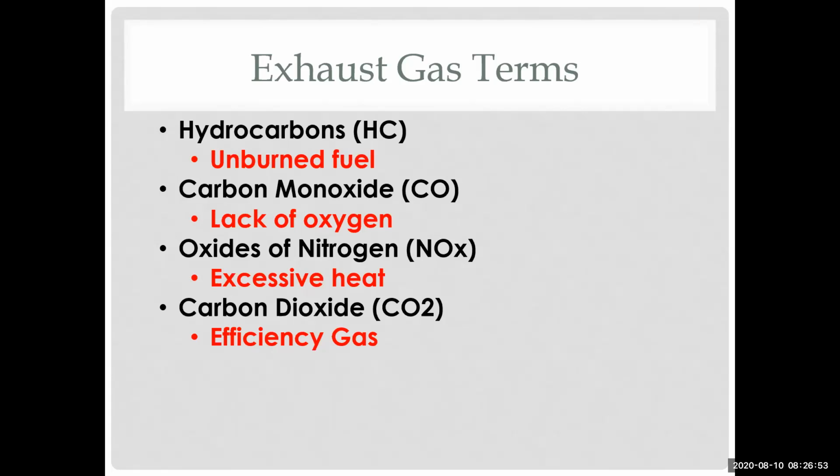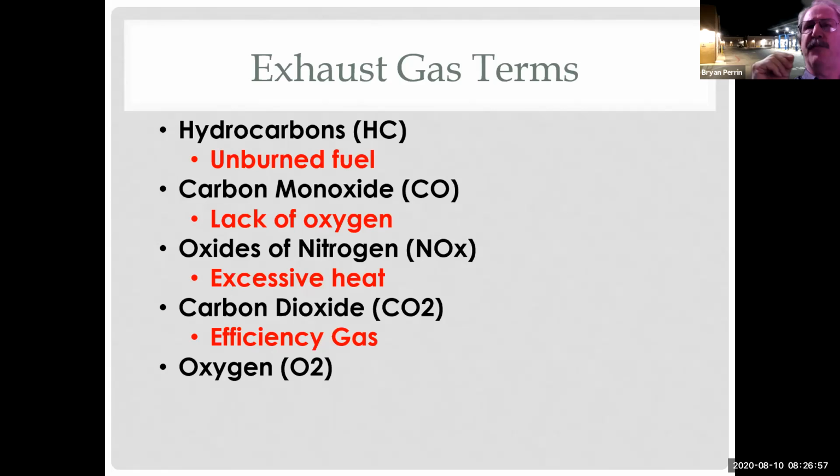Okay, and then I have oxygen. If I have too much oxygen, I'm lean. If I have too little oxygen, I'm rich. So oxygen is a balanced gas. One way I go to rich, one way I go to lean. So these are good gas terms. These are terms you'll probably see again.